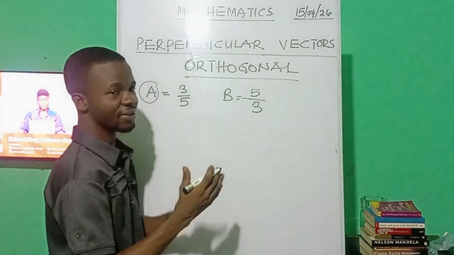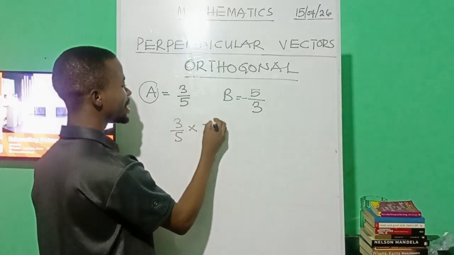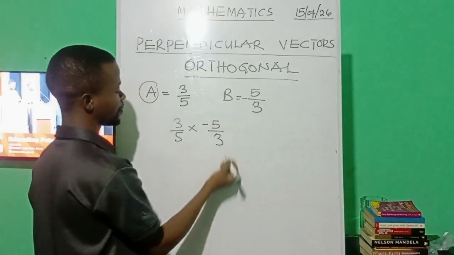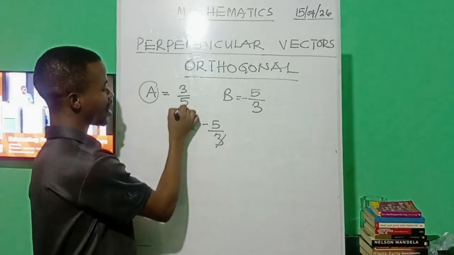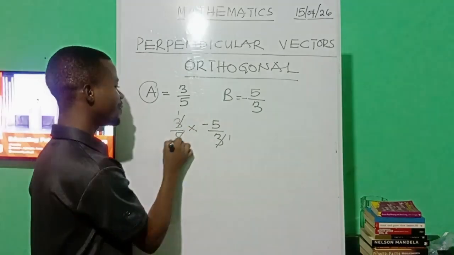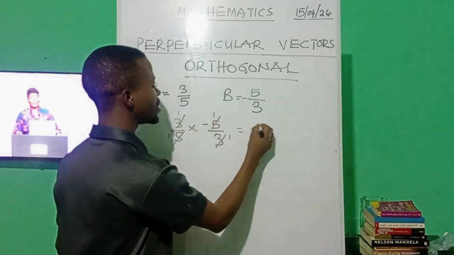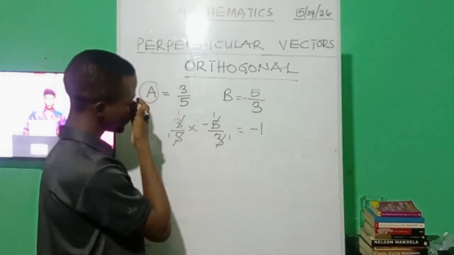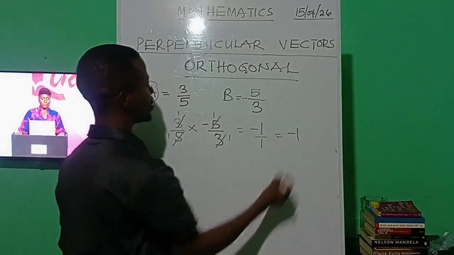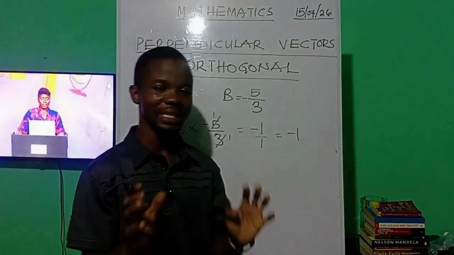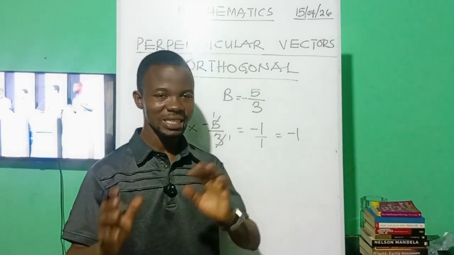Let's multiply their gradient and see. 3 over 5 by negative 5 over 3. 3 cancels 3, that will be 1 and 1. 5 goes into 5, that will be 1 and 1. So 1 by negative 1 will give you negative 1. So whenever you multiply the gradient of two perpendicular vectors, you always get negative 1.